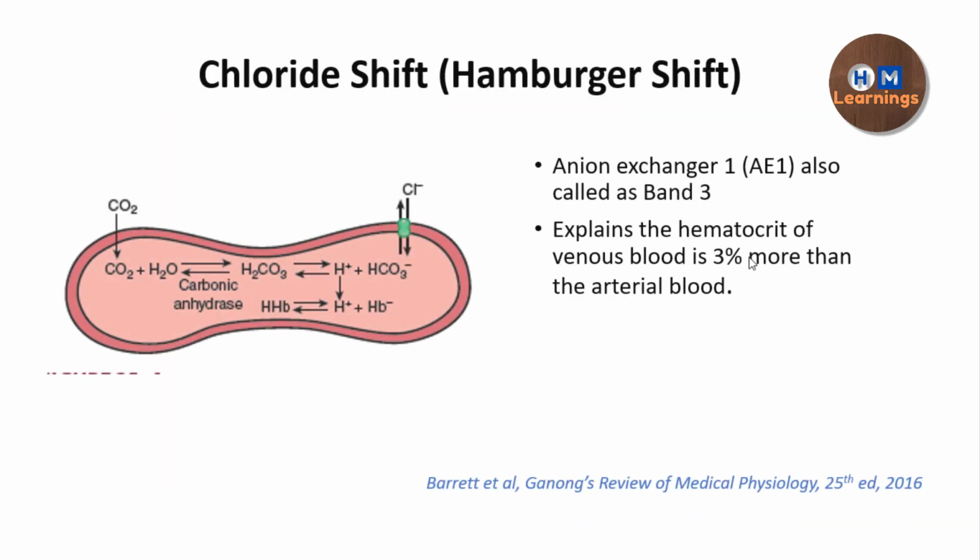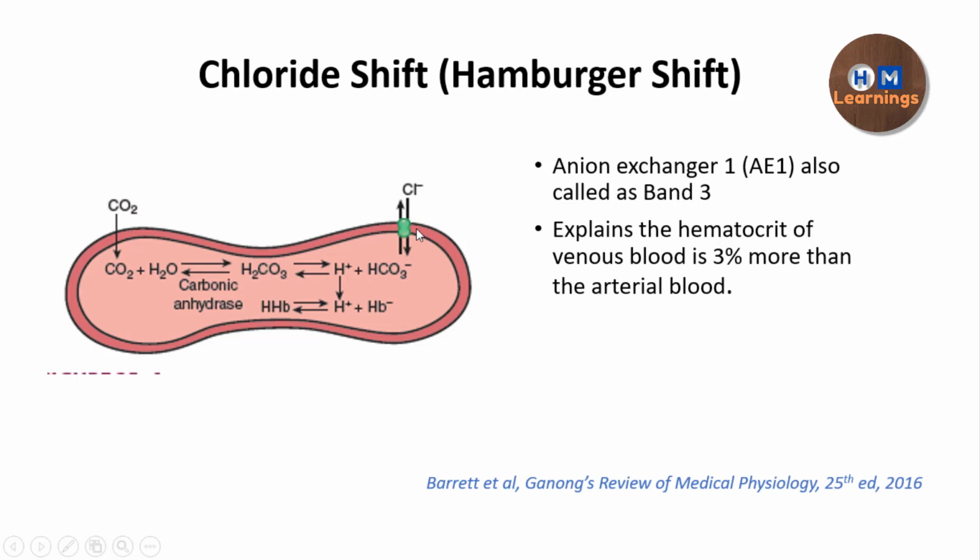And now about the chloride shift. You already know that carbon dioxide will enter inside the cell, and in the presence of carbonic anhydrase it will form carbonic acid, and then bicarbonate. This H plus will be buffered by the hemoglobin so that the reaction can proceed in the forward direction, and this bicarbonate will be exchanged with chloride with the help of an ion channel called anion exchanger 1, also called band 3.